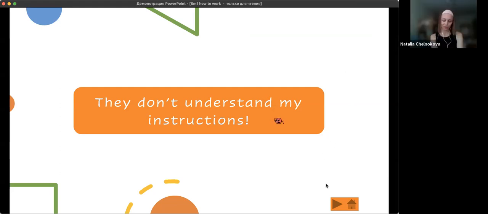Yes, we came to the conclusion that our short and clear instructions should always be supported with our gestures, clear gestures or miming or facial expressions, as well as demonstration of something, maybe with strong students, or maybe using some puppets even, and with a supportive voice of the teacher.